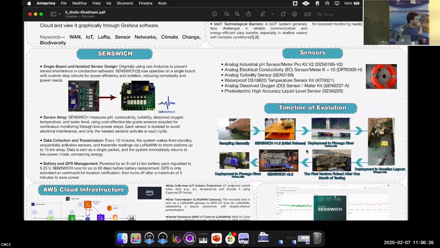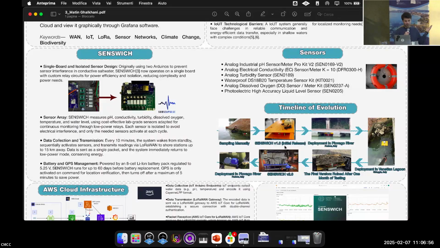So in collaboration with the biology department at the University of Padua, we developed this device that you can see here. But this is just the first phase. We just wanted to be sure that everything works well.